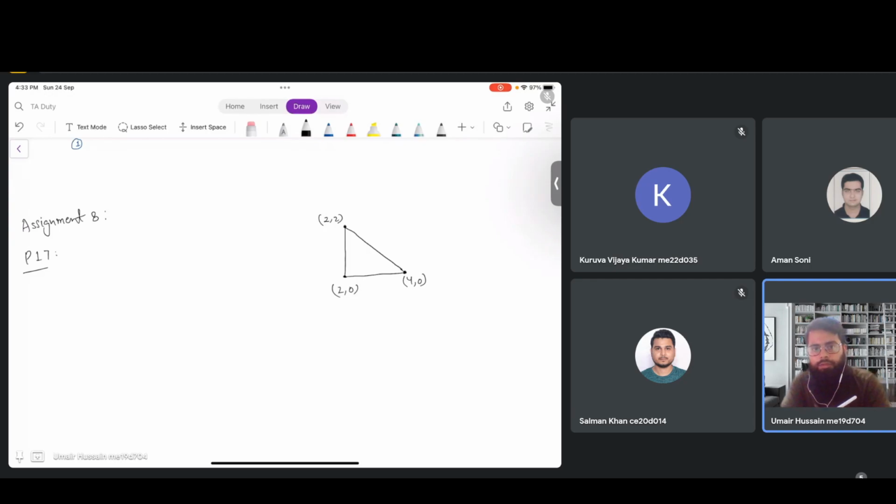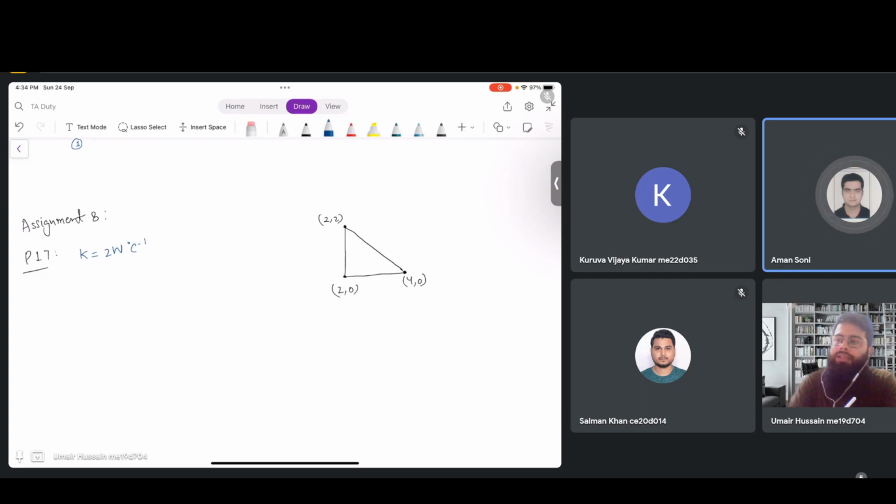Just to confirm with you, did you see that for this triangular element, the conductivity is 2 watt per degree Celsius? Because for element 1, it's 1. I think that is the factor I forgot to multiply. Yeah, that's why.